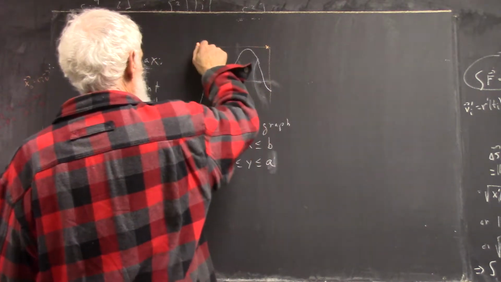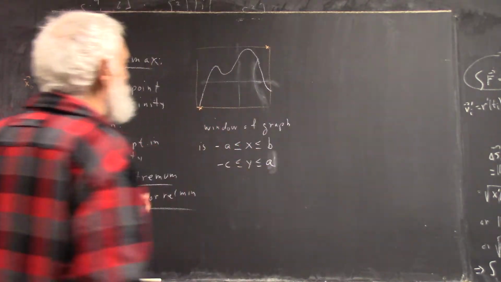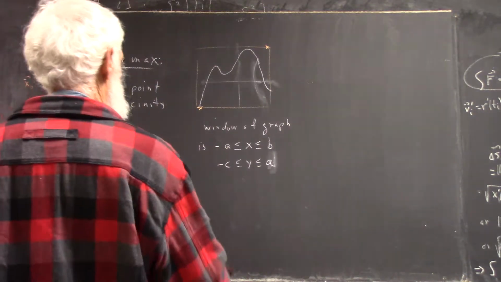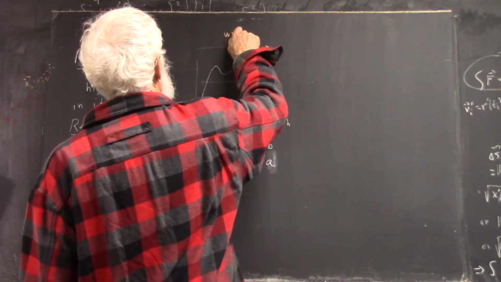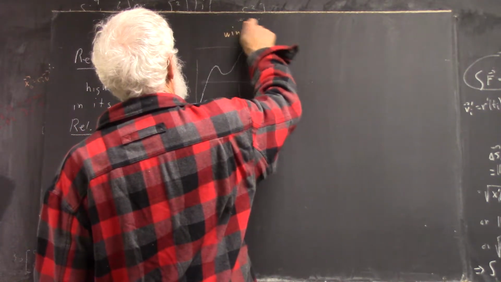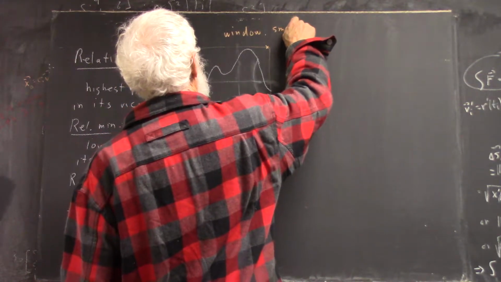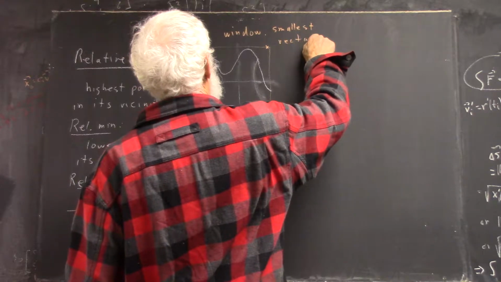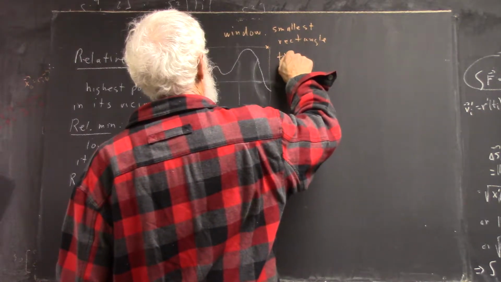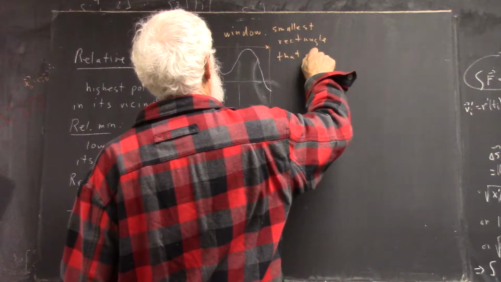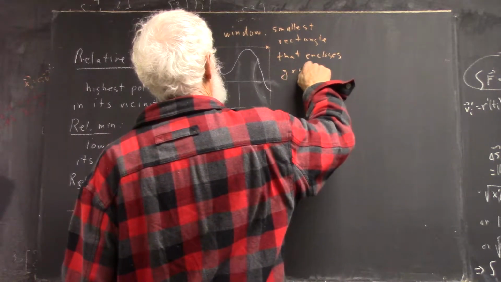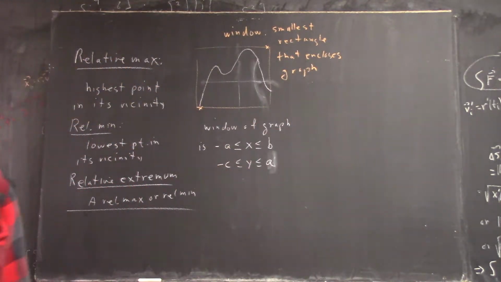It has to encompass everything from left to right. It has to be low enough here. That's the window. Does that make sense? It's the smallest rectangle that encloses the graph.